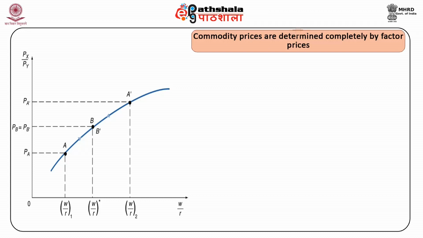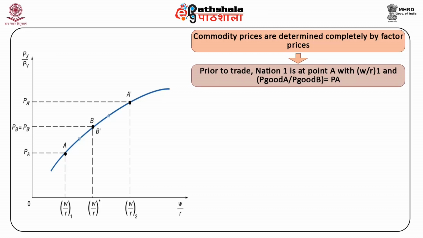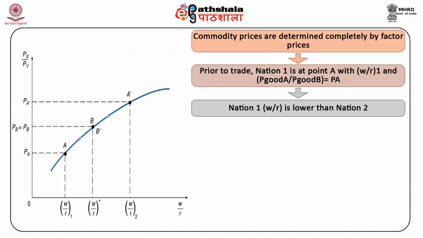Here we assume that since both trading nations operate using the same technology, the commodity prices are determined completely by factor prices. Prior to trade, nation 1 is at point A with W by R1 and P good A upon P good B equal to PA. Nation 2 is at point B with W by R2 and P good A upon P good B equal to PB. Since we are measuring in terms of labor capital ratio, nation 1's W by R is lower than nation 2's and hence PA is lower than PB.